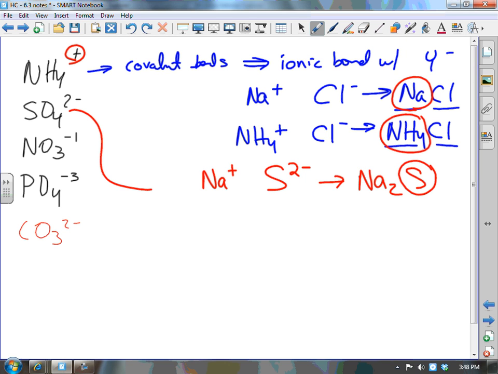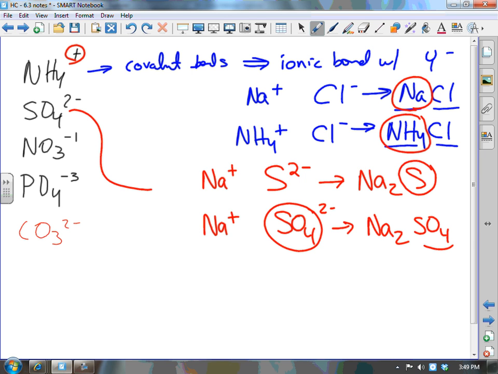+1 charge, -2 charge. Sodium could also bond with a multiple-atom polyatomic ion. Let's say it bonds with an SO4 structure that together has a 2 minus. Same exact principle: 2 sodiums are needed to bond with that polyatomic ion.